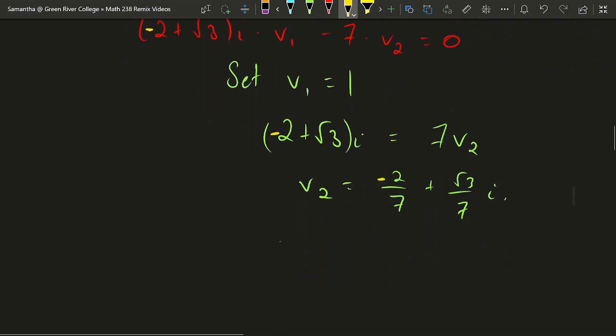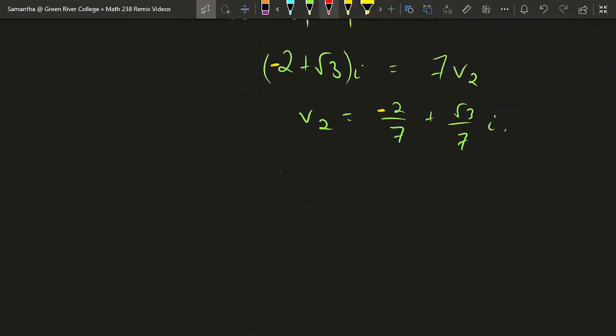Aha. So having fixed that, we now have our second eigenvector corresponding to our second eigenvalue. v1 is equal to 1, and then v2 is -2/7 plus √3/7 i.